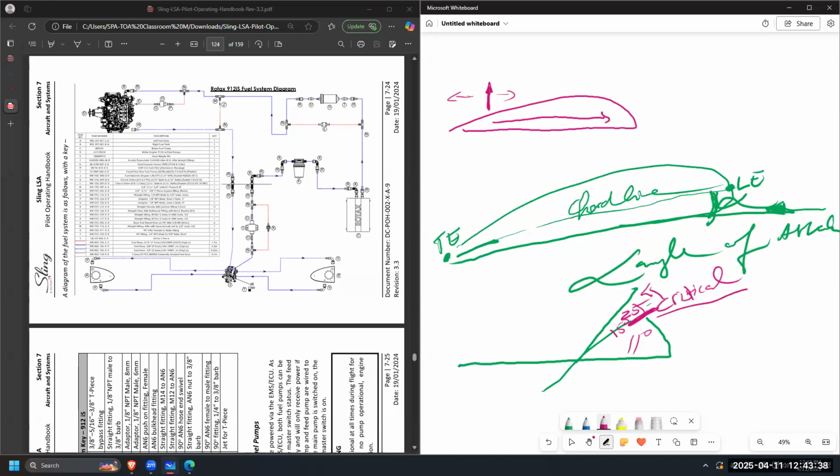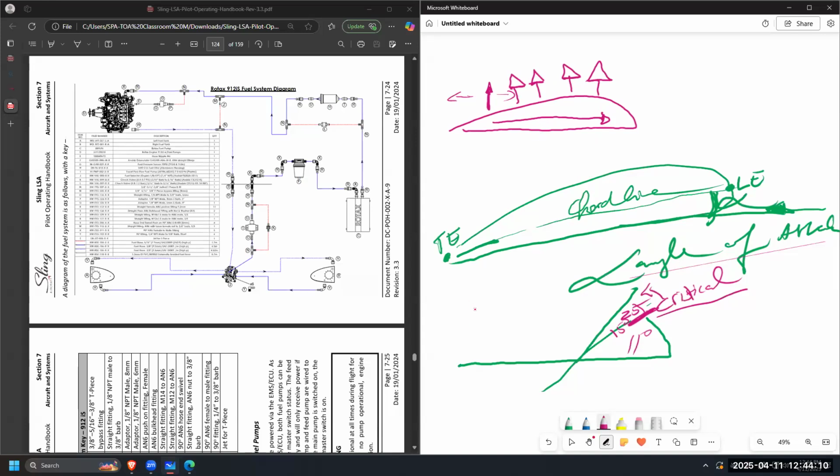Center of pressure or center of lift moves forward with an increase in angle of attack. So if you're pitching up, your center of pressure is moving forward, correct?